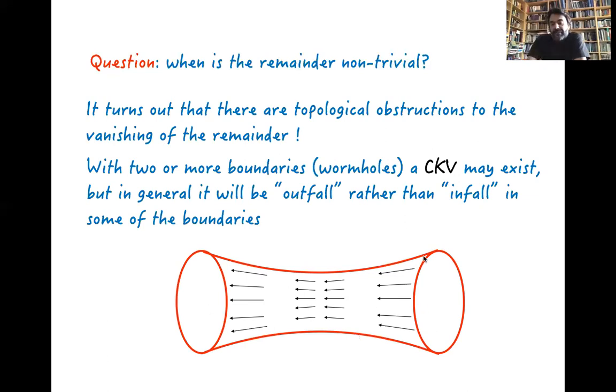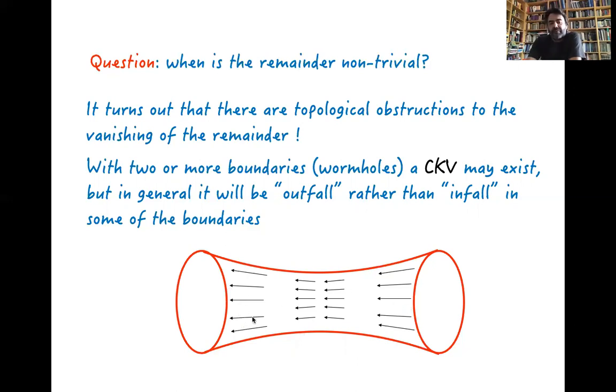You can have a very simple situation where it is spherically symmetric. So there is a conformal Killing vector, right? A radial conformal Killing vector, which is infalling, say, on this side. But the problem is that the solution of the conformal Killing equation is a vector that becomes outfalling in the left side. So if you use this conformal Killing vector, it measures infall on the right and outfall on the left. Okay?